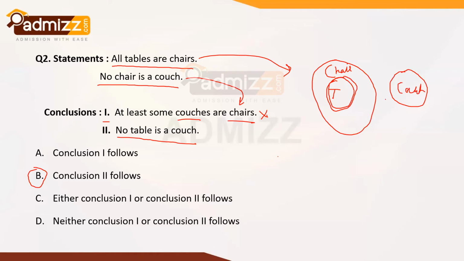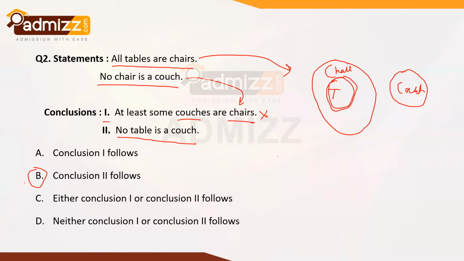So chair and couch must be disjoint sets, right? So due to that, since T is completely within the set of chairs, and since couch does not overlap with chair, it must also follow that table does not overlap with couch, right? So I guess that makes sense.